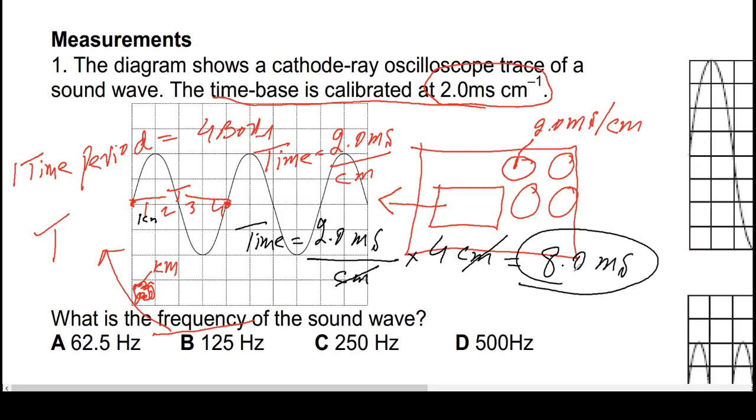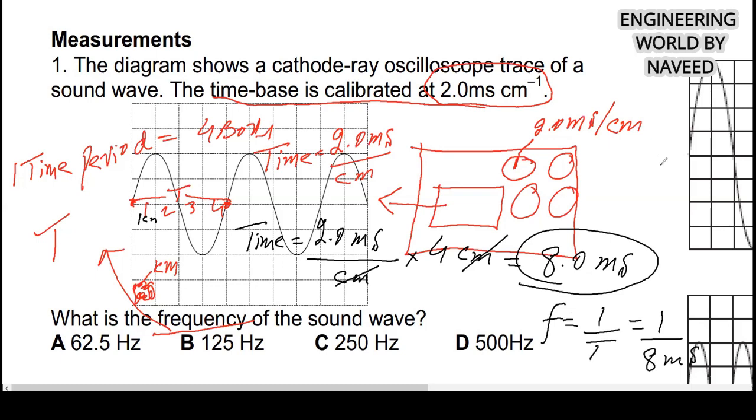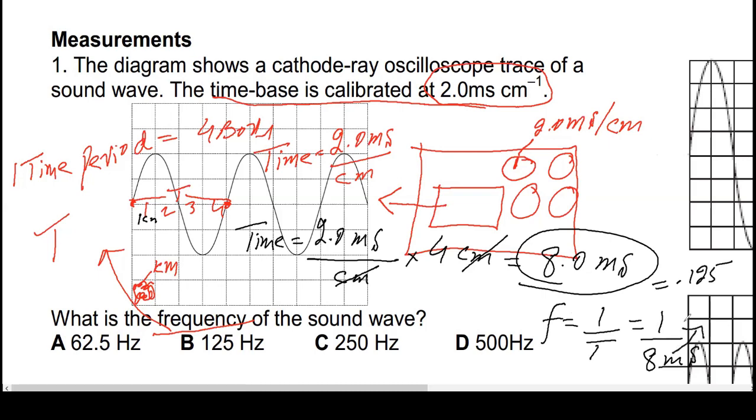8.0 millisecond is my time period, and we know that frequency is the inverse of the time period, which is 1 divided by 8 milliseconds. If you calculate 1 divided by 8 on the calculator, that's equal to 0.125 per millisecond. 10 to the power minus 3, when it comes into the numerator, becomes kilo, and the unit of frequency is hertz, so kilohertz.